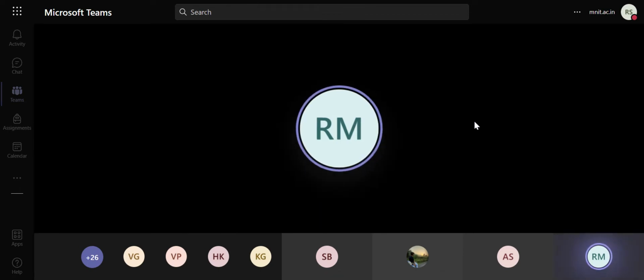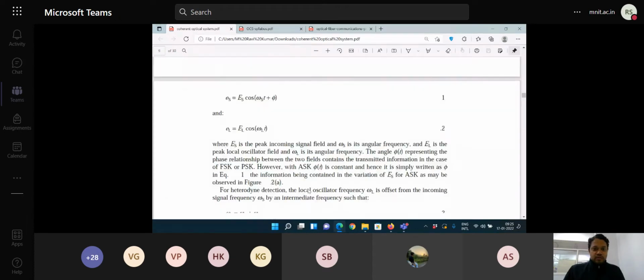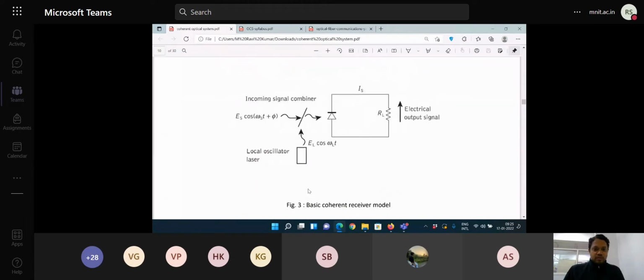The diagram is shown. So this is a simple coherent receiver model.